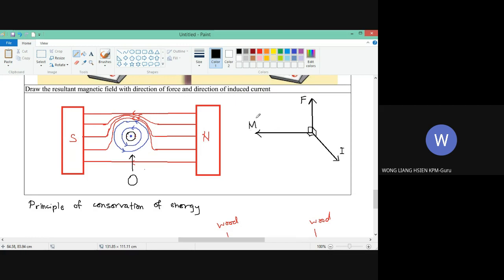So this diagram, the relationship between the direction of these three things, we represent by using our right hand.